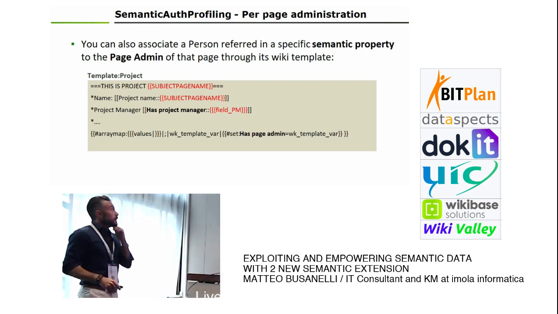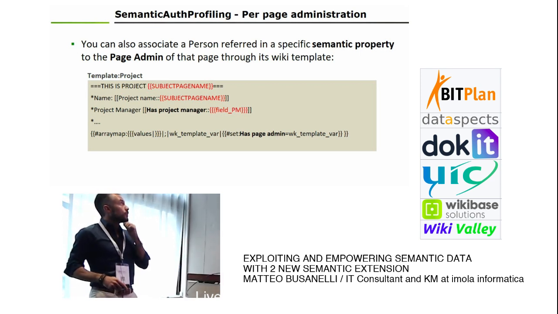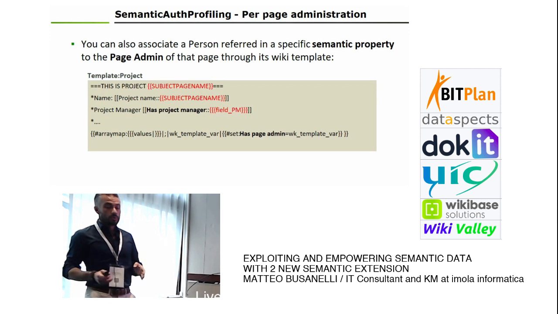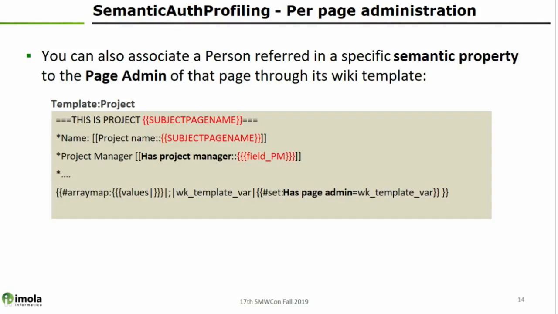Okay. Talking about the page permission, we want to specify on a single page who is the administrator of this page. We can use a template, and imagine you can have a property like as project manager for the project.